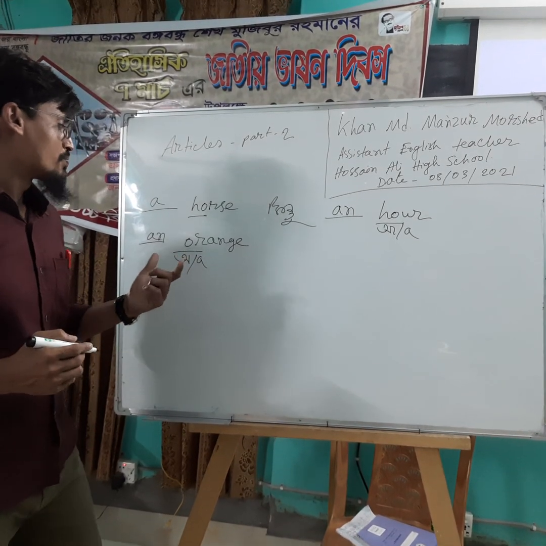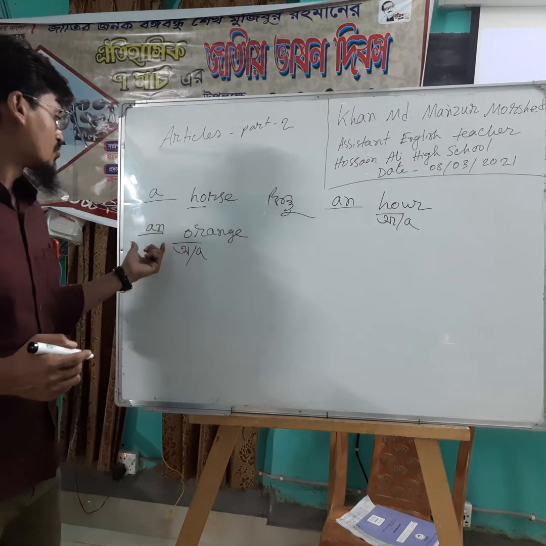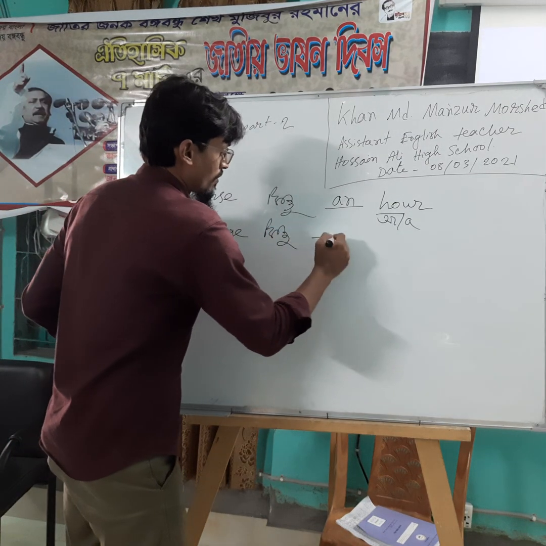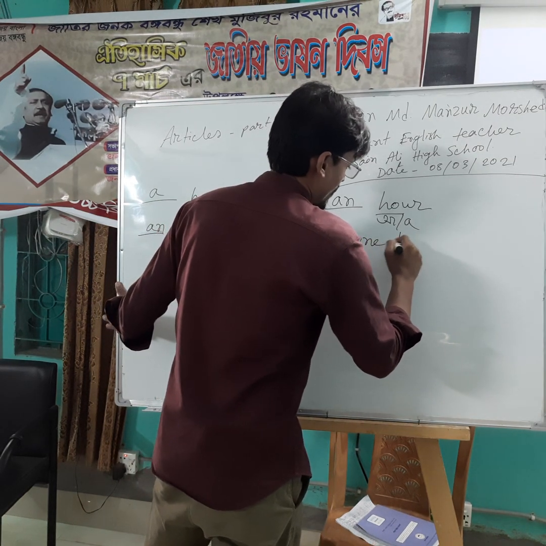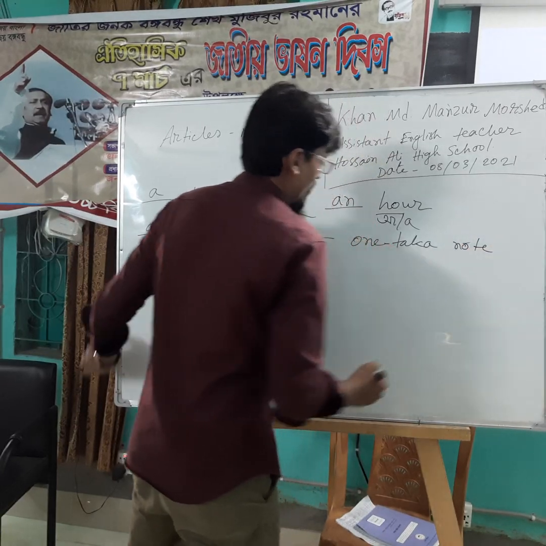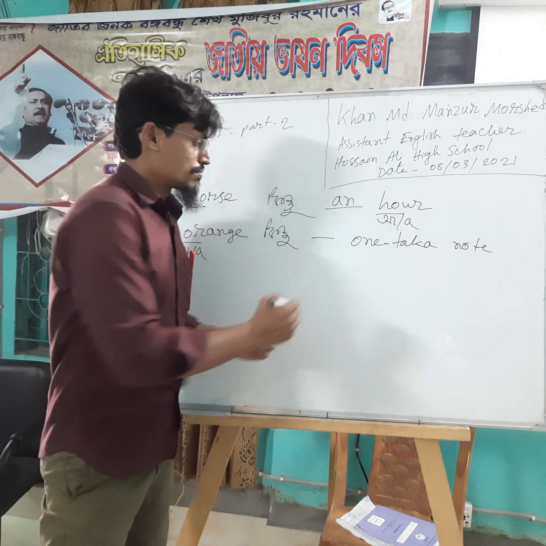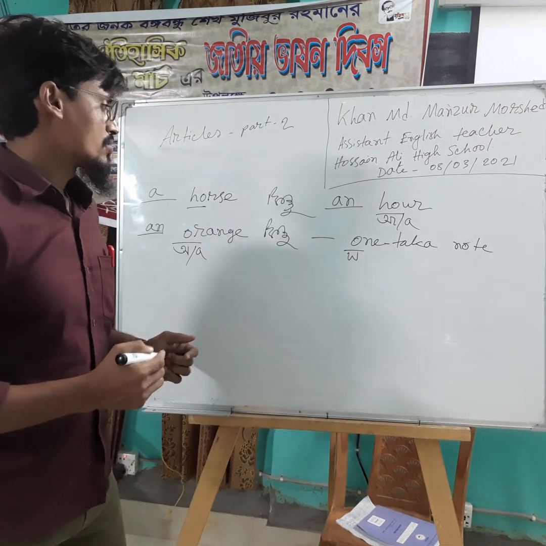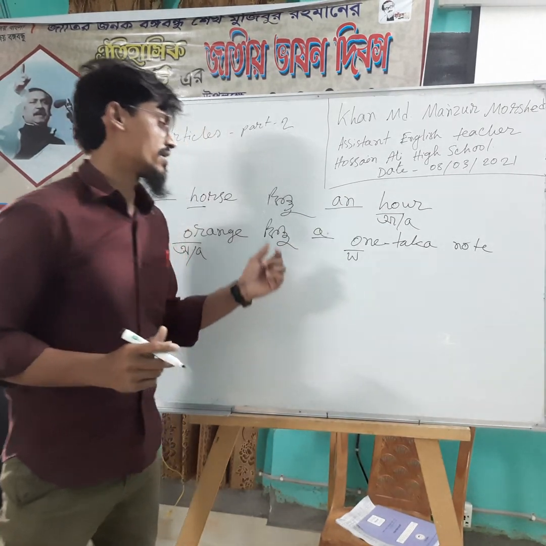When you pronounce orange, there is a vowel sound, and so you have to put article N. But one taka note. So here 1 taka note, there is also a vowel one, but it sounds like wa, w, wa. So we cannot use N, we have to use here A.